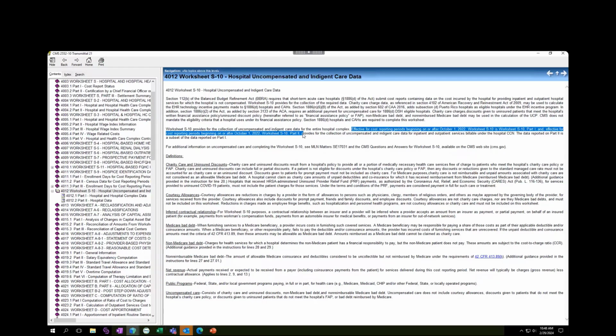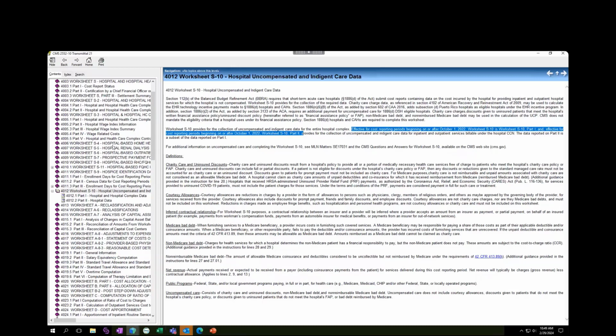Now, we don't know exactly what CMS's plans are for the future with that part 2, but what I can tell you is for right now, we are only auditing part 1 data. In other words, the entire hospital complex. And that'll apply to next year as well. I'm pretty certain because they have not changed the template requirements.